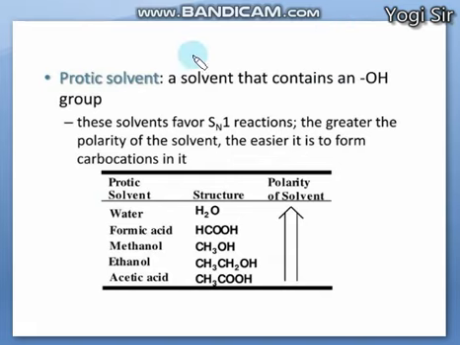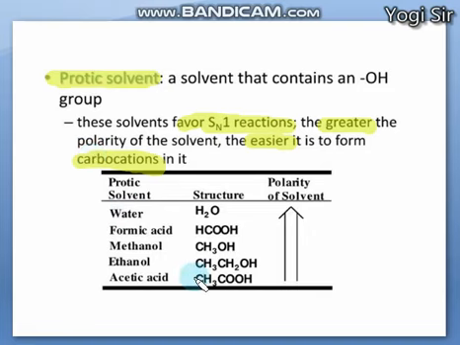As we have discussed right now, polar protic solvents are necessary, which favor the SN1 mechanism. So the greater the polarity, the easier it is to form carbocations. During step 1, there is formation of carbocation, so polar and protic solvents can easily produce carbocations.